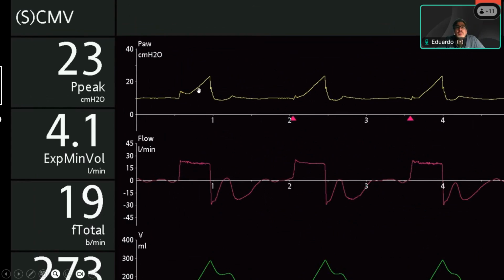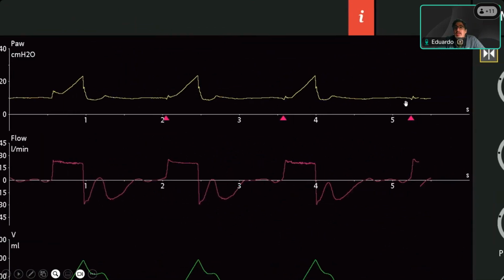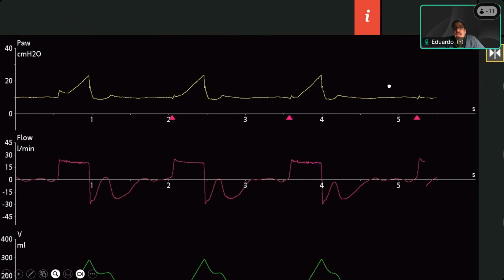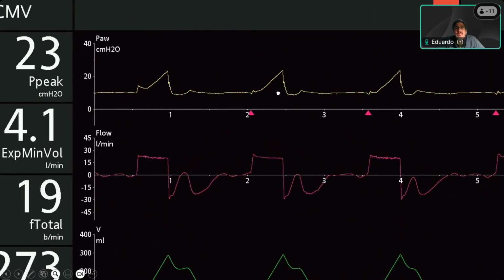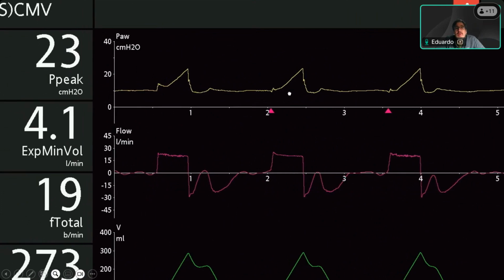So you see this scoop. You see the pressure, how it scoops even lower. Here it's even lower. And then when I go to this one, you actually, although the cut point is right here, you can see that at the beginning of the breath, the patient is not getting any or minimal amount of support. So that's one part.